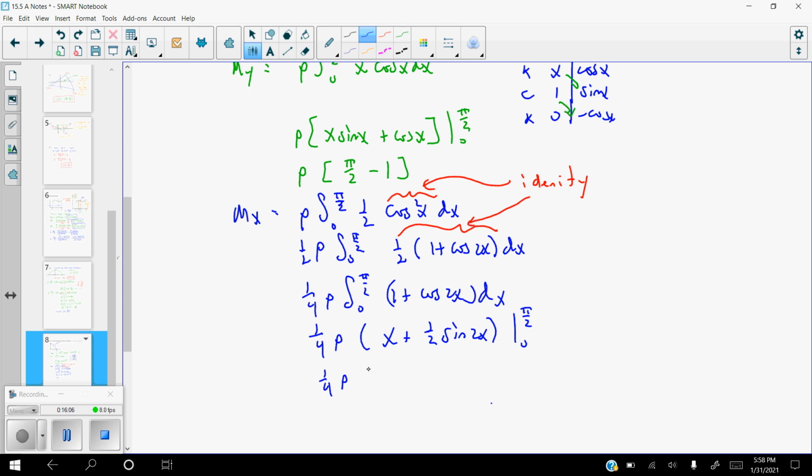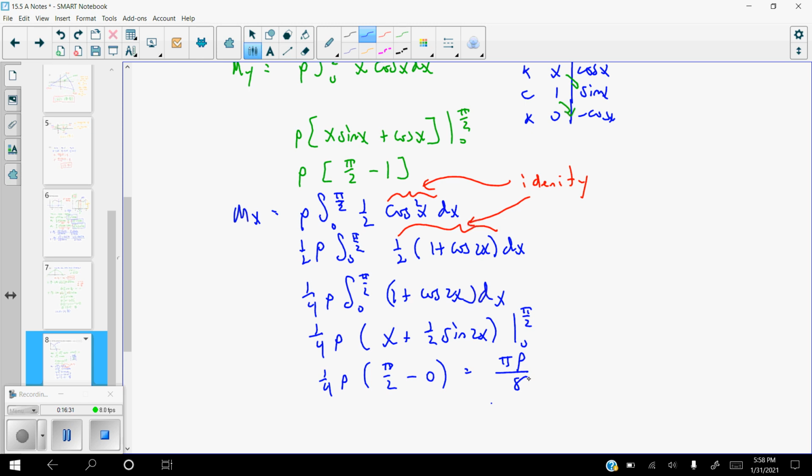Let's see, we're going to get pi halves plus sine of pi, which is 0. So that's just pi halves, minus, plugging in 0, we get 0 for both pieces. So ultimately, it looks like we are going to get pi rho over 8. Or you could have written it as rho pi over 8. Either way. There's your moment of x.